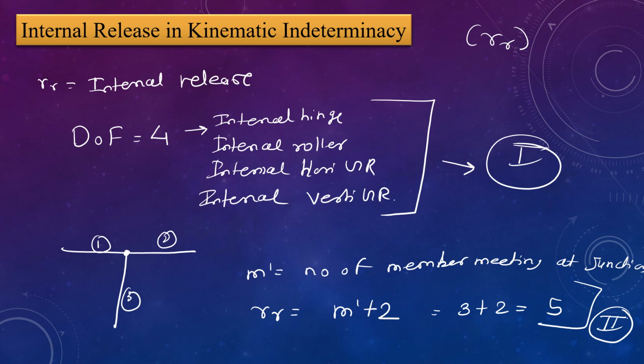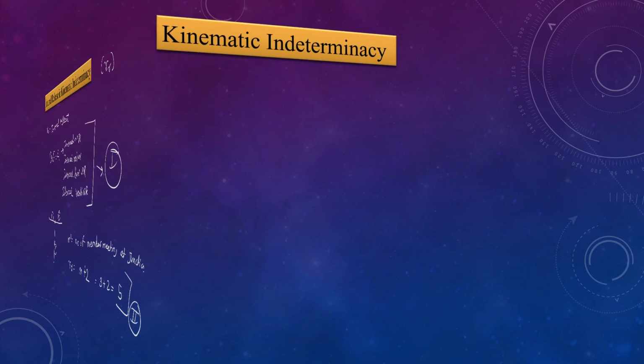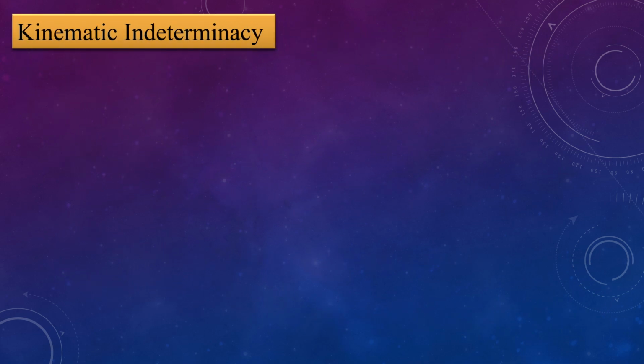Then we'll see how to use these internal releases in the original kinematic indeterminacy formulas. First we'll see the kinematic indeterminacy formulas for a 2D beam or frame.